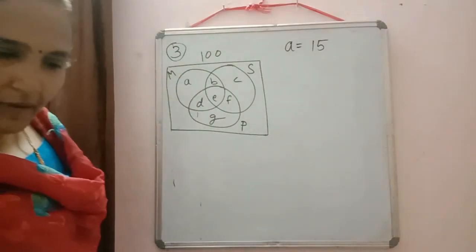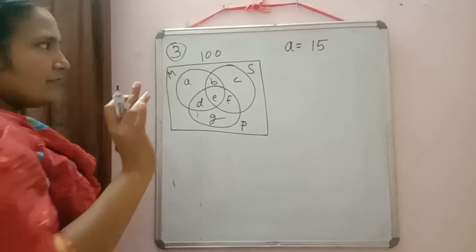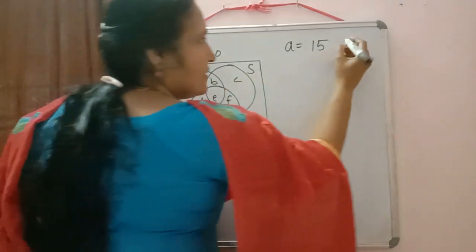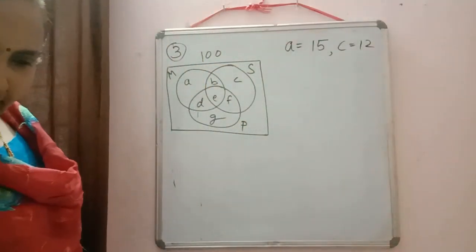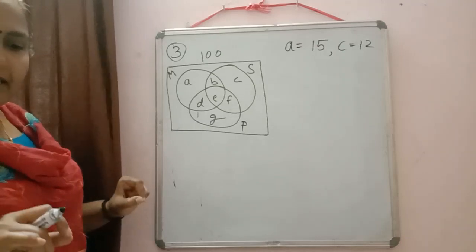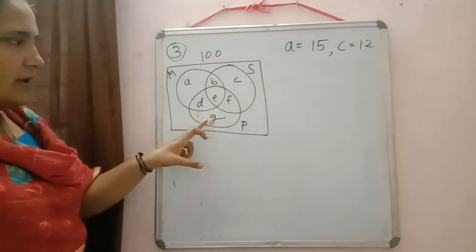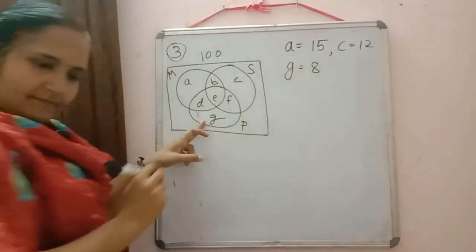Then 12 offered statistics only. That is represented by C. So C is equal to 12. Then 8 offered physics only. So that is G. G is equal to 8.